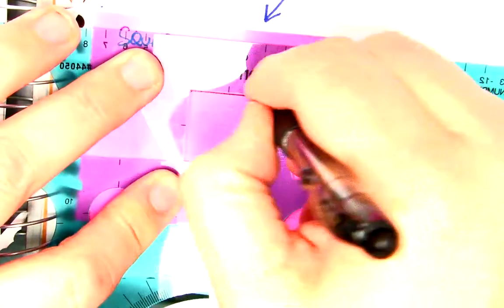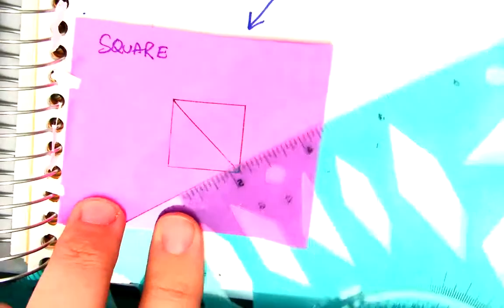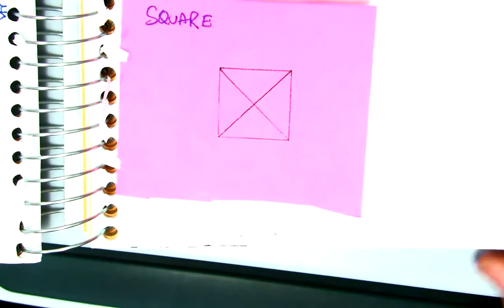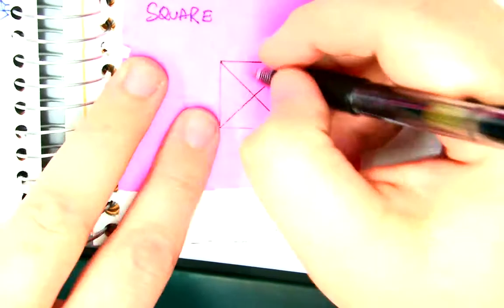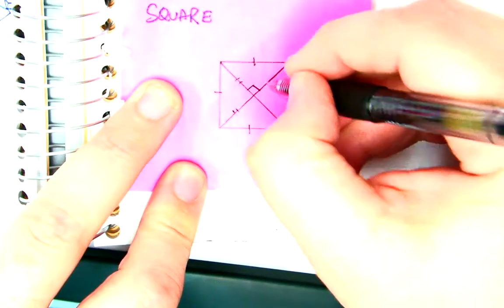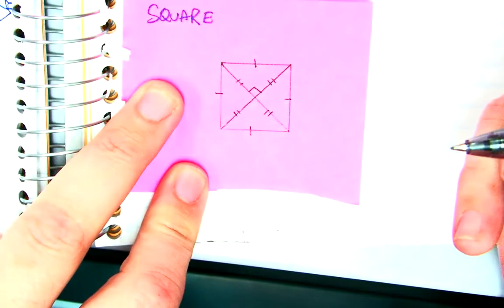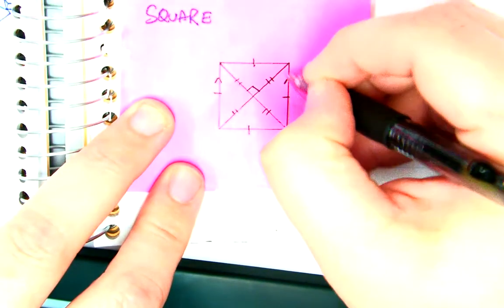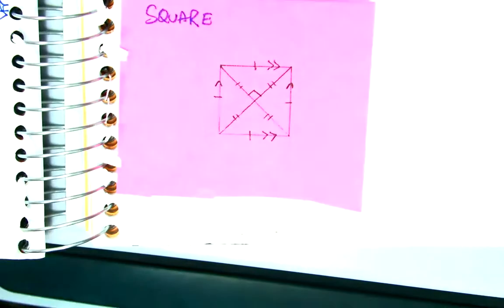So if I draw the square, and then I draw... There's your square.